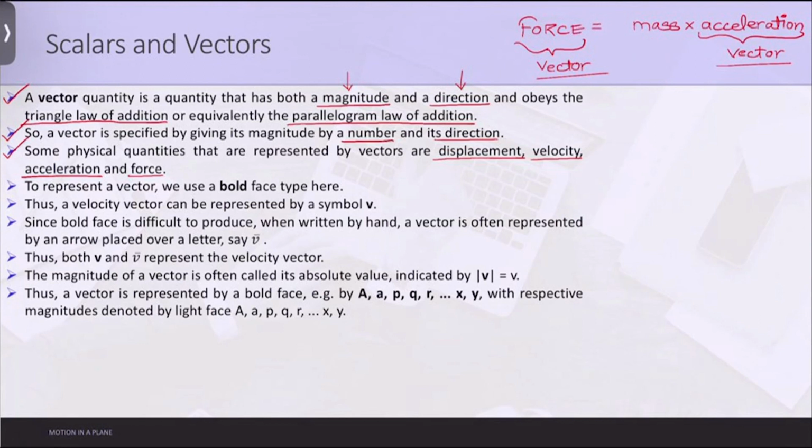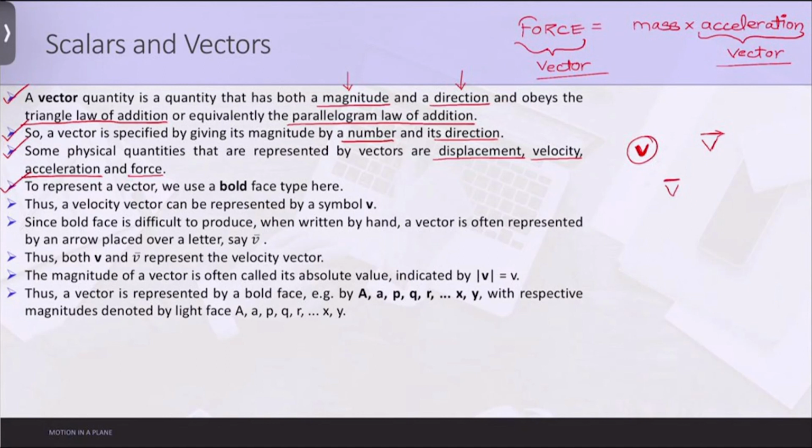Next thing is, now to represent a vector, we use boldface type here. In this complete chapter, whenever you find something written in bold, that means that a vector is being represented. One of the ways is to represent it like this, or you represent it by a sign with an arrow. That is also one of the ways in which you represent the velocity vector. In some of the books, it is also represented like this.